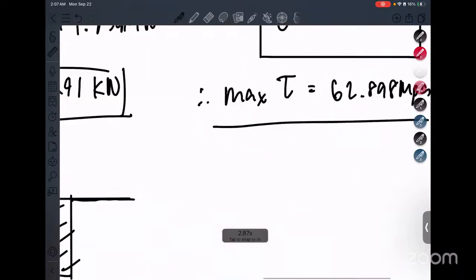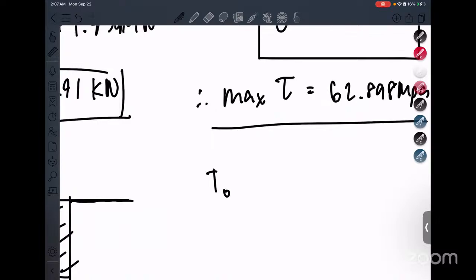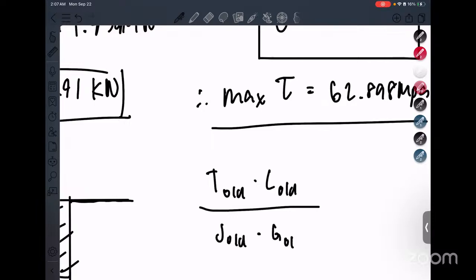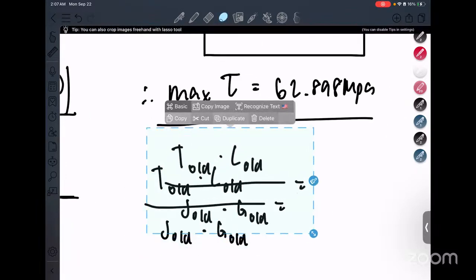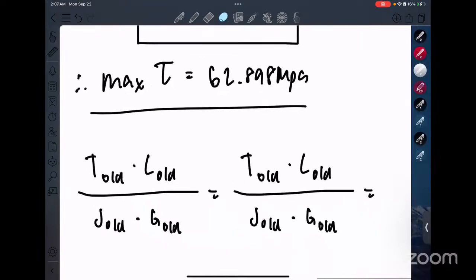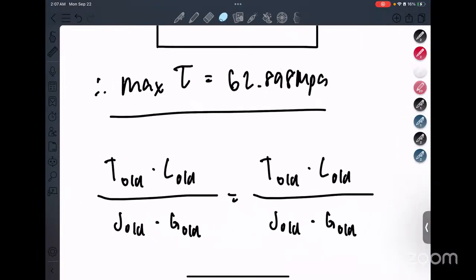So meaning T old times L old over J old times G old should be just equal to the new version.